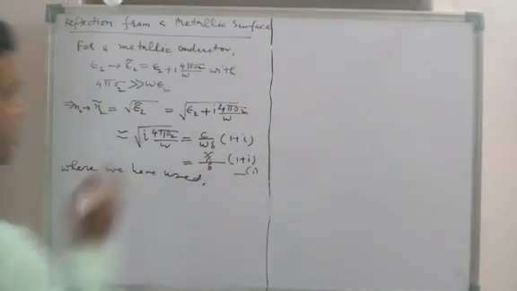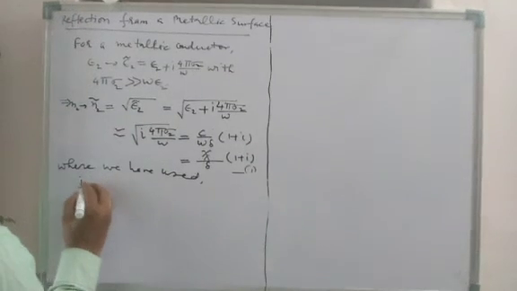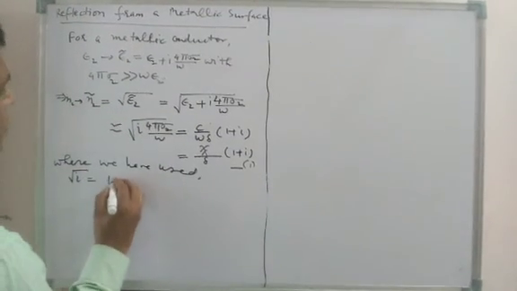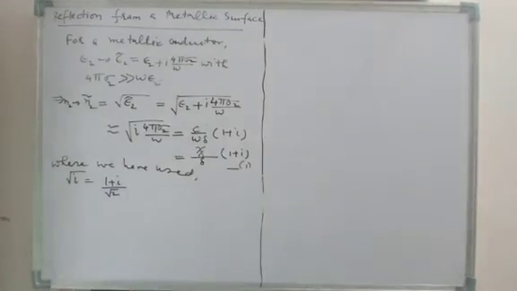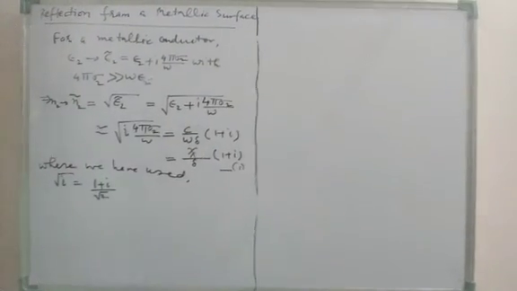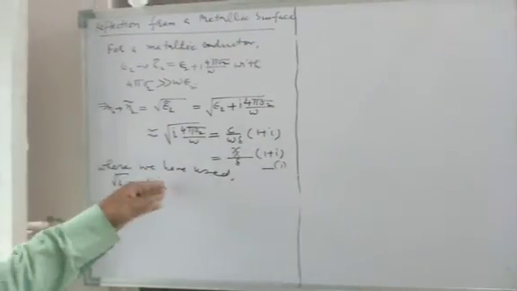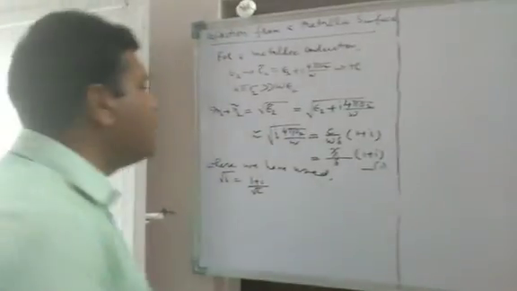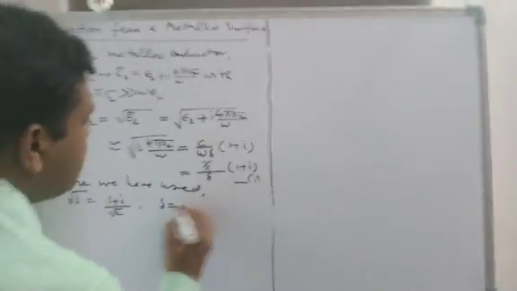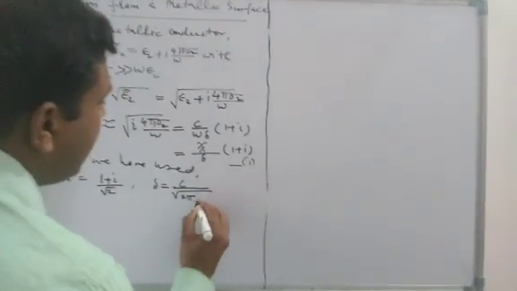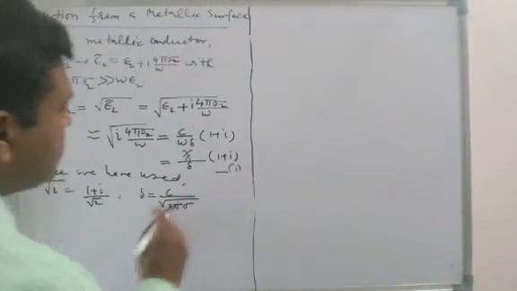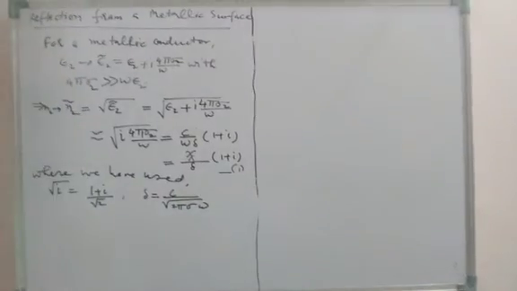So what did we use? We used, first, root i to be equal to 1 plus i by 2, as we already know that this is e to the power i pi by 2, and then the square root of that is e to the power i pi by 4, which is just this. Then we used delta, which is the skin depth, which is just root 2 pi sigma omega.